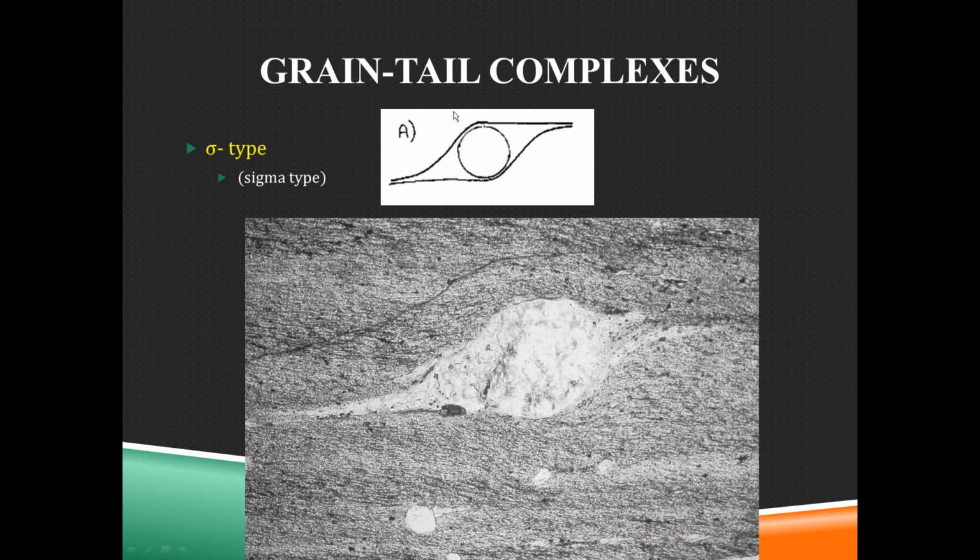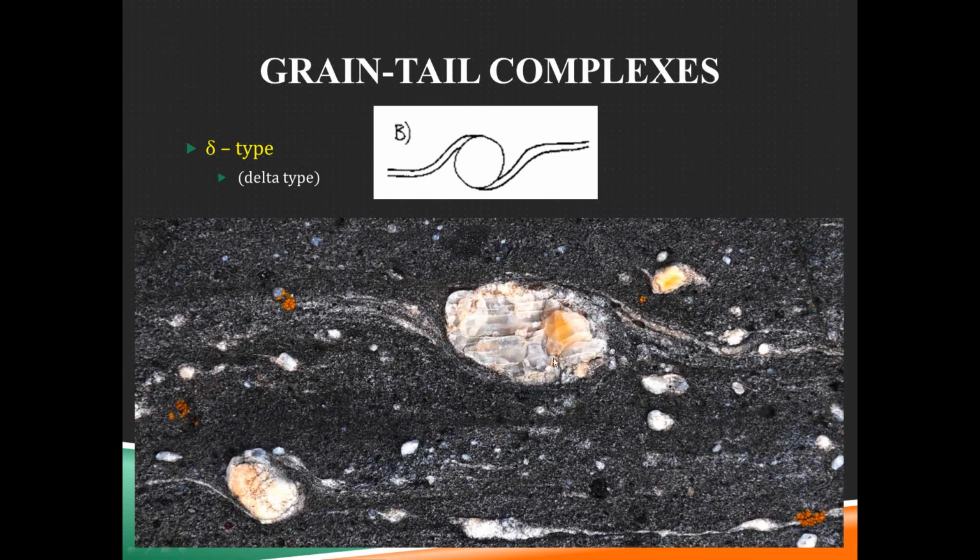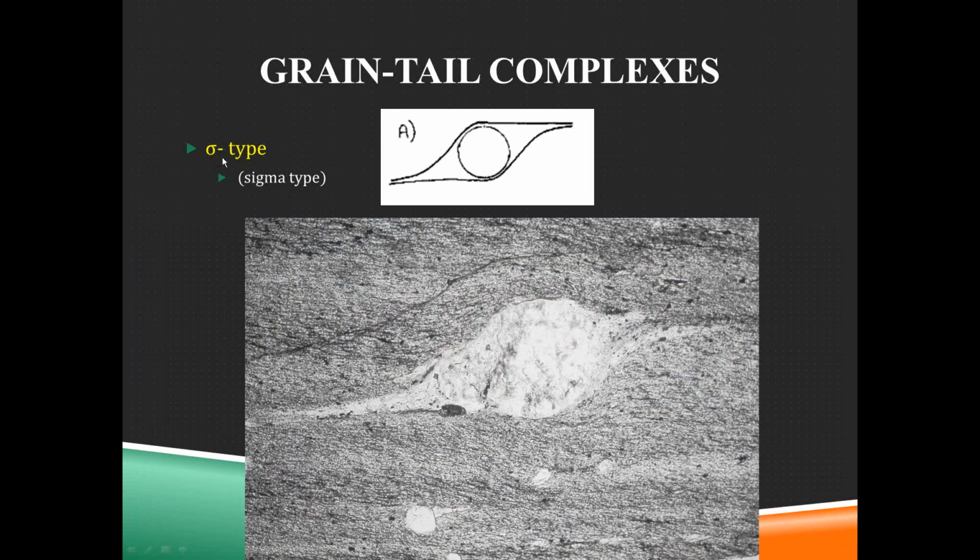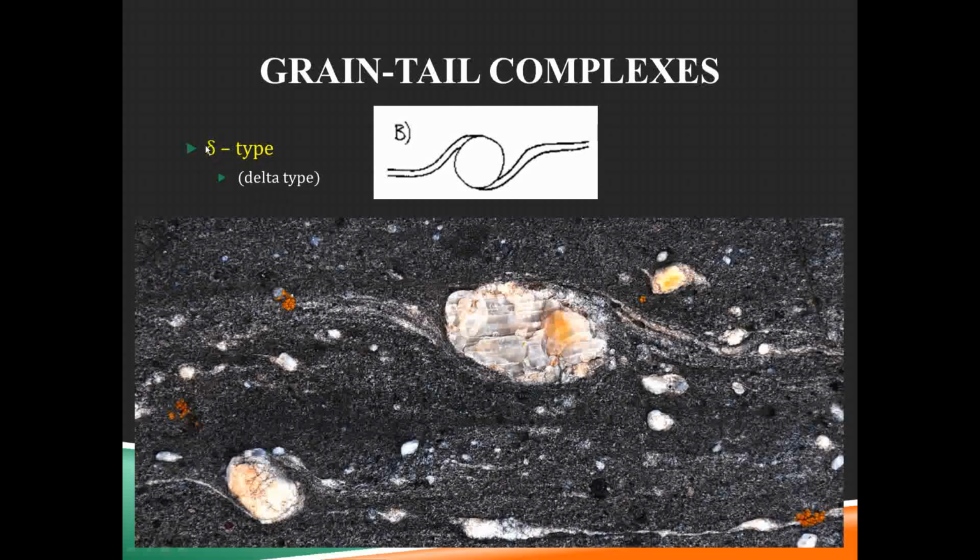This first type is called a sigma type grain tail. You can see here a pencil drawing and then an actual photograph of a sigma type grain tail. The tail is basically as wide as the grain and then tapers off on either side. On the other hand, a delta type, so we've got the Greek symbol sigma and the Greek symbol delta.